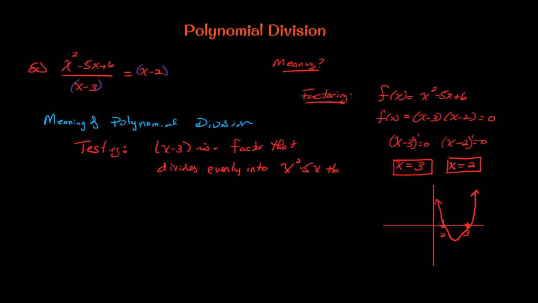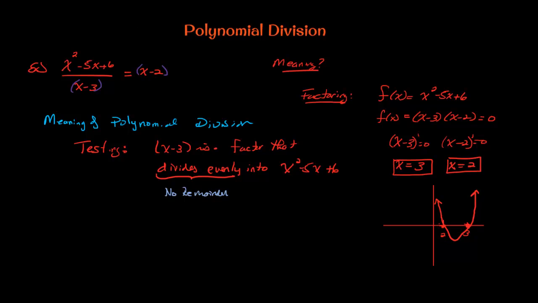What do we mean when we say divides evenly? Remember, this means that no remainder exists. So if x minus 3 divides evenly into this polynomial, we know that no remainder will exist.